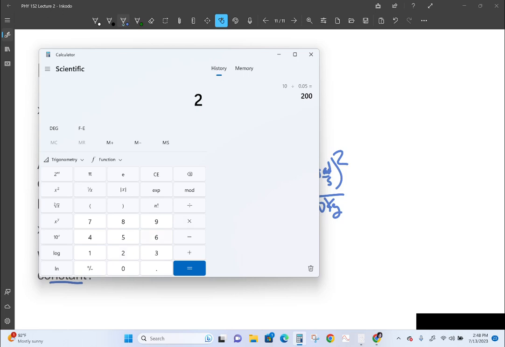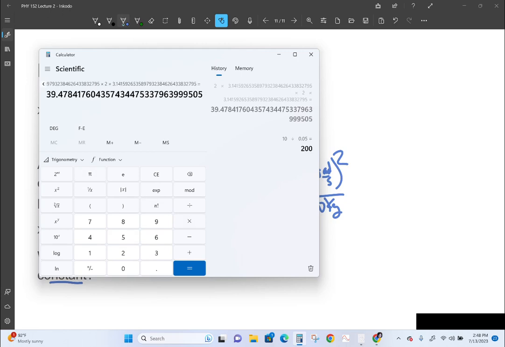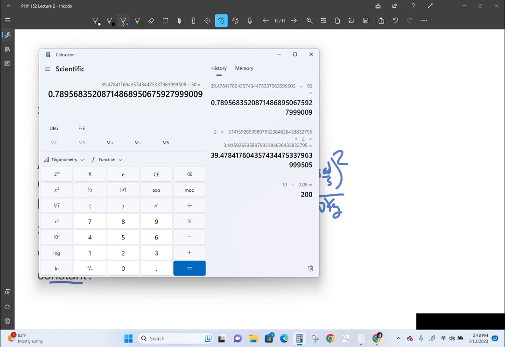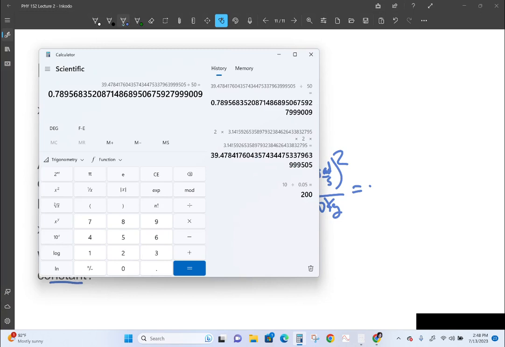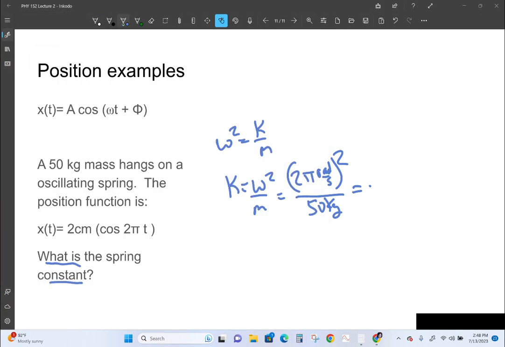So 2 times pi times 2 times pi equals, so that's the square of it, divided by 50. I'm getting, let's just double check that again, 0.789 or 0.790 newtons per meter. Pretty easy.